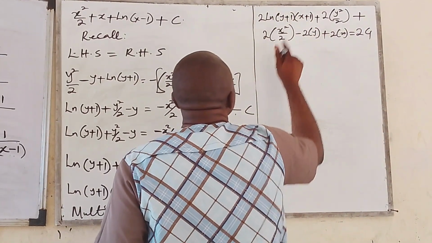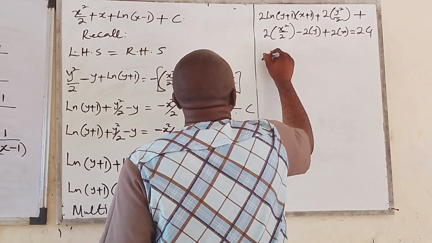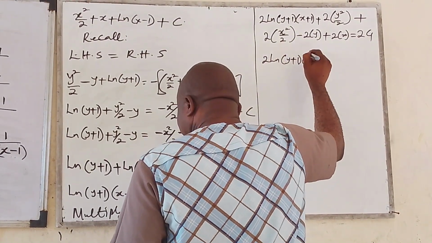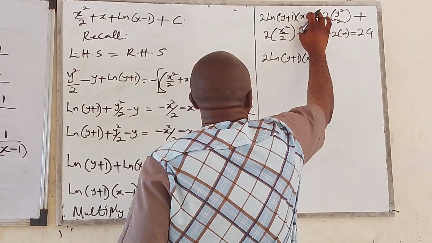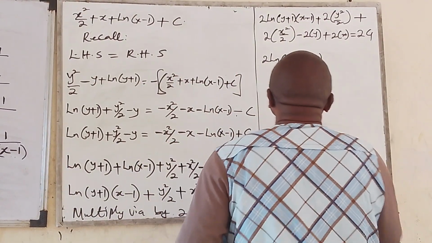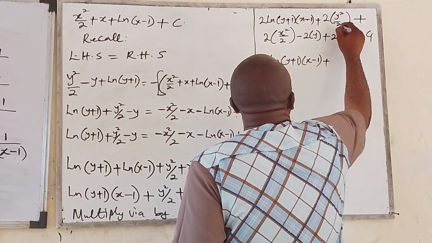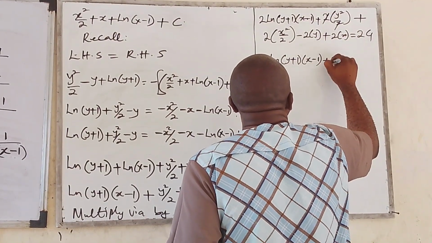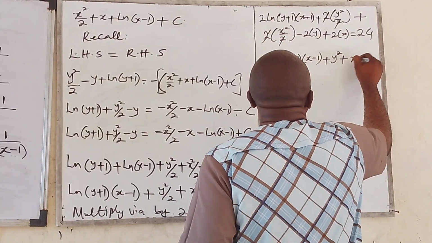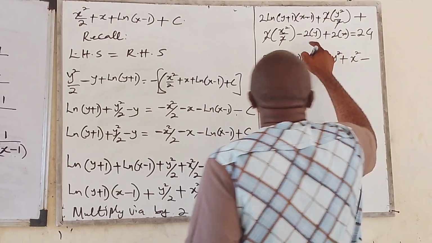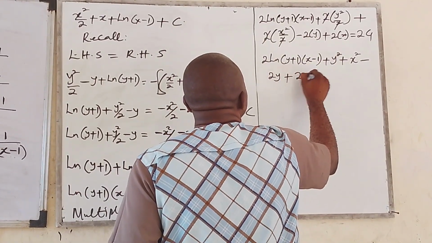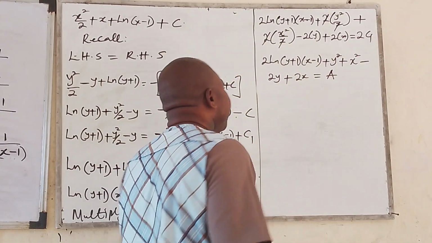So it means the whole of this now will be equal to 2 ln y plus 1, x minus 1, please, this is minus, yes, x minus 1, then here we have plus, these 2 will go with this 2, we have y squared plus, these 2 will go with this 2, we have x squared minus 2y plus 2x is equal to, now let's call this a because this is another constant.